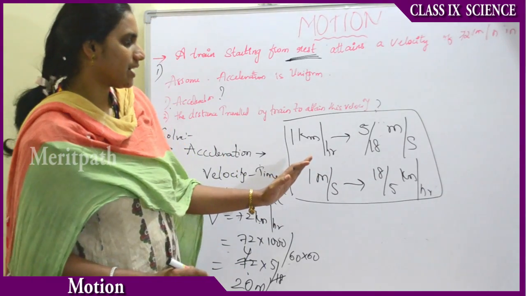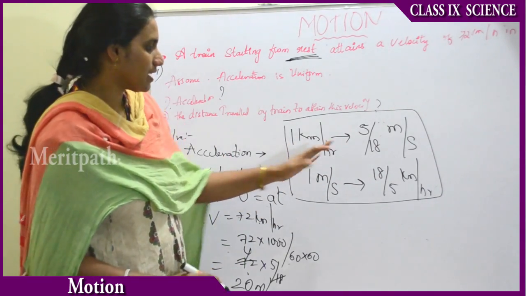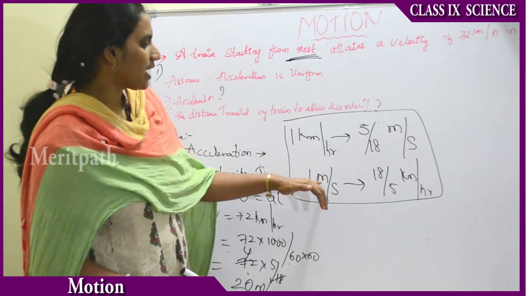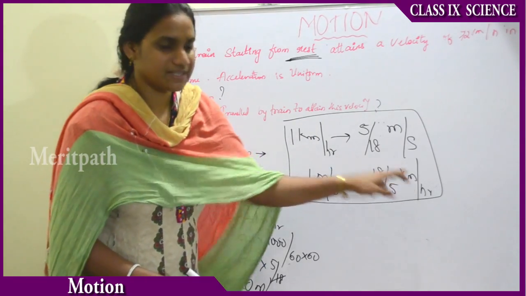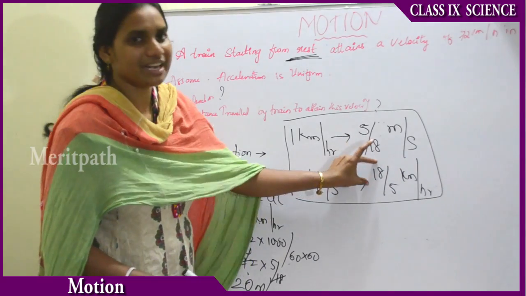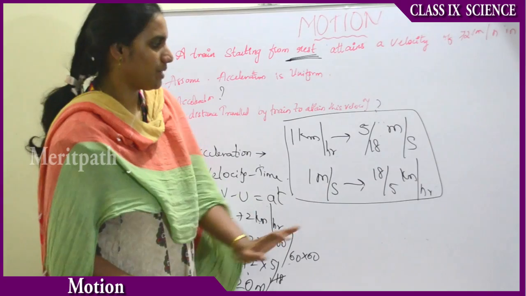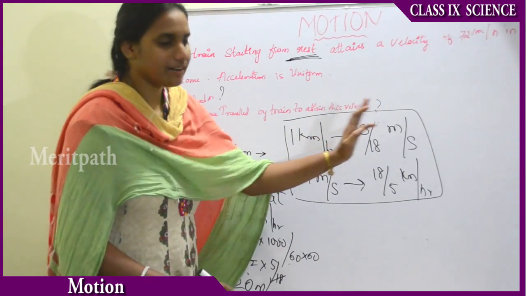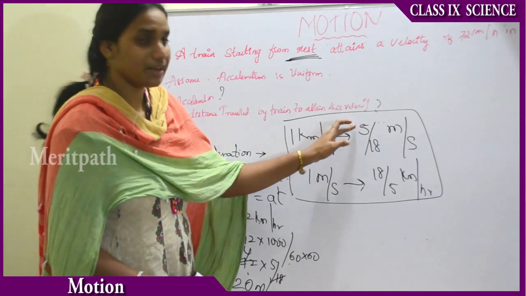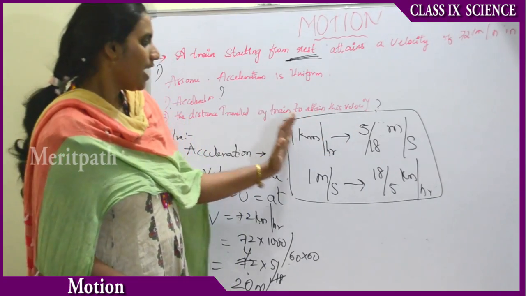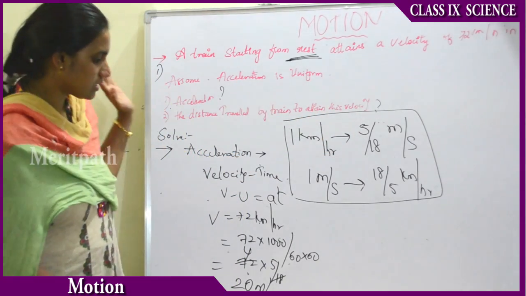Here is a shortcut to remember the conversion also. In order to convert from higher to lower units, that is kilometers to meters, we use the smaller number, that is 5 in the numerator. From lower to higher units, we use the bigger number, that is 18 in the numerator and 5 in the denominator. And thus we can remember the conversions.